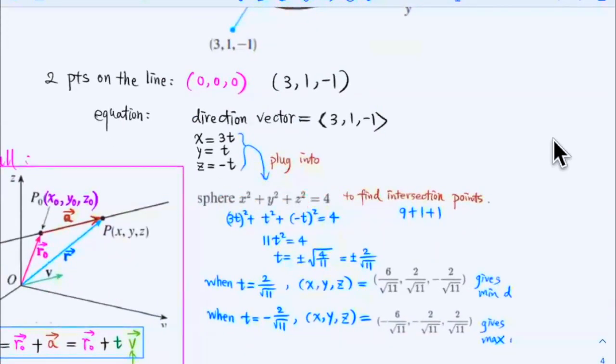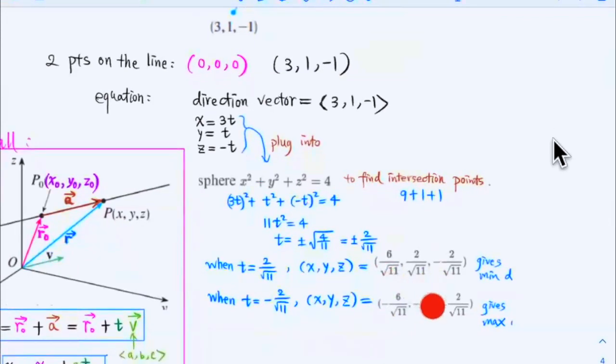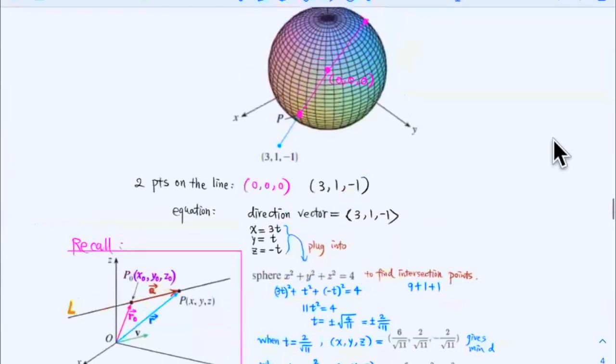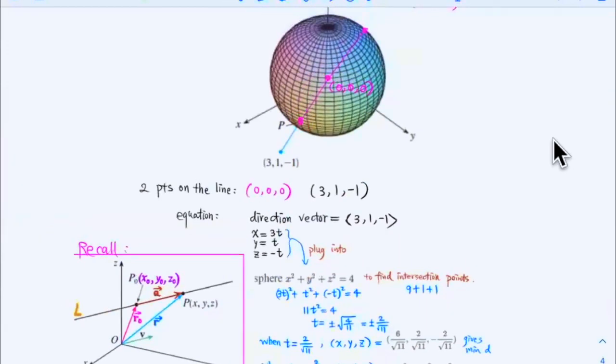That's the equation for the sphere. Okay, and I did the algebra, and I solve for t, and I put the t back, and then I get the xyz. I'll get the same point that we just did using the Lagrange multiplier. This one over here gives you the minimum that will correspond to this point. This point here gives you the maximum that will correspond to this point right here. Okay. So this one here, you actually can do it without using calculus. Okay, just find the intersecting point of this line with the sphere. Okay, got it? Okay.